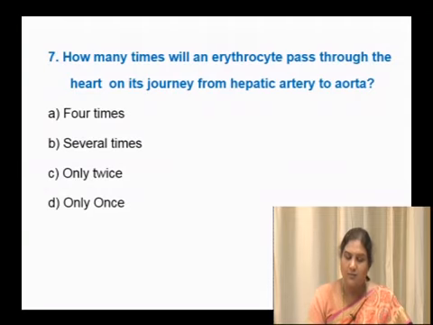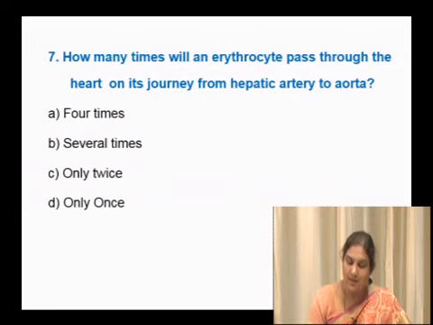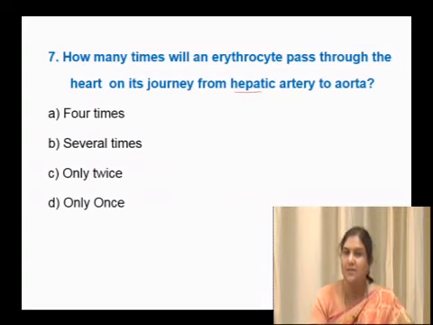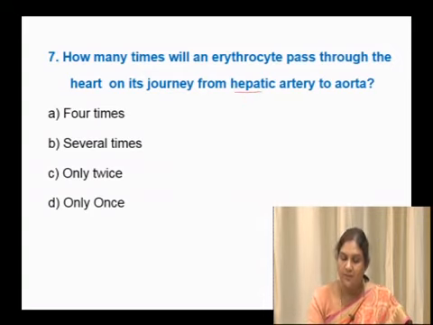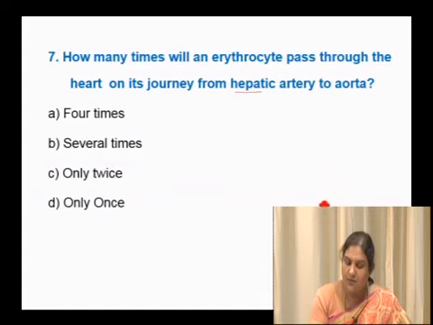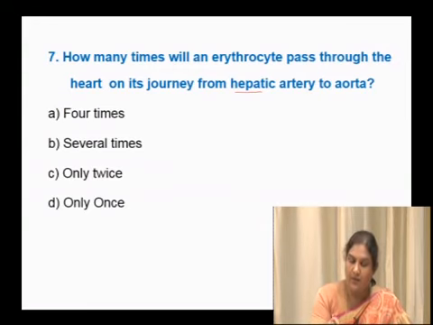How many times will an erythrocyte pass through the heart on its journey from hepatic artery to aorta? Wherever we come across the word hepato, it says it is liver. See, the digested food on absorption enters into the liver. From there it reaches the heart through the right atrium.